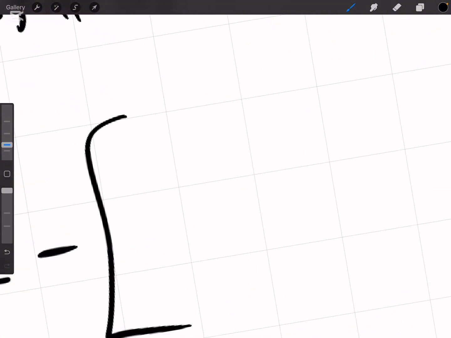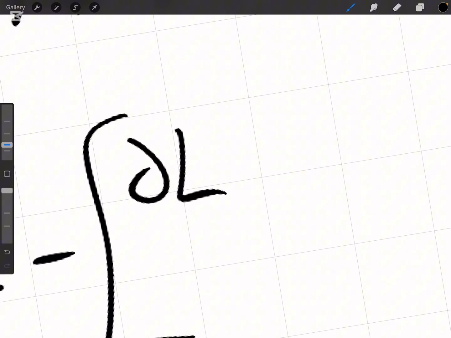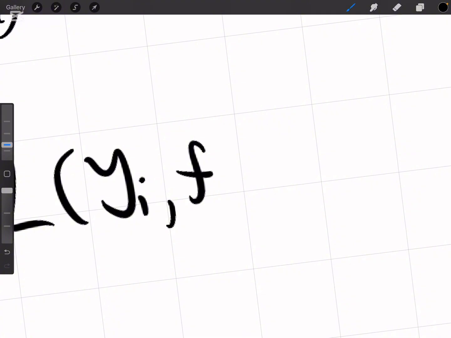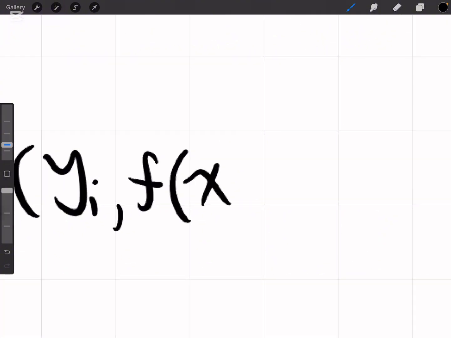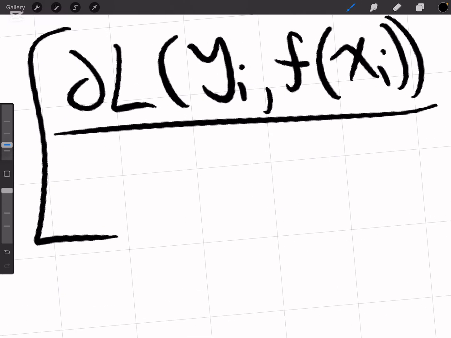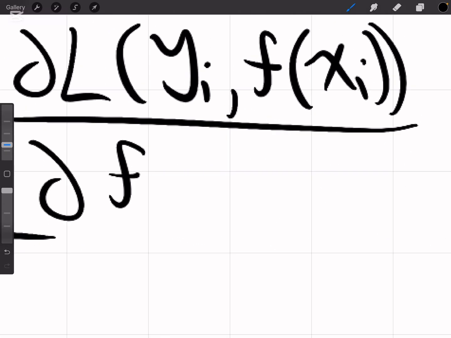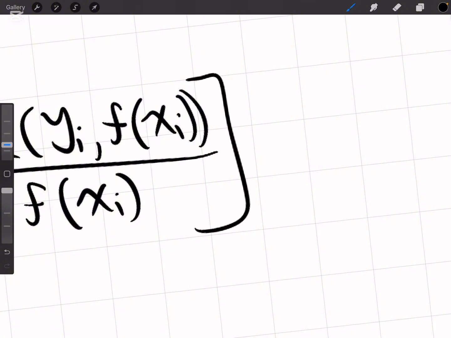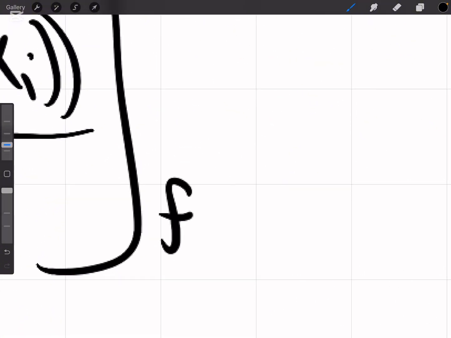And build our little thing here. I and f of xi. Don't mind me. This should look semi familiar.